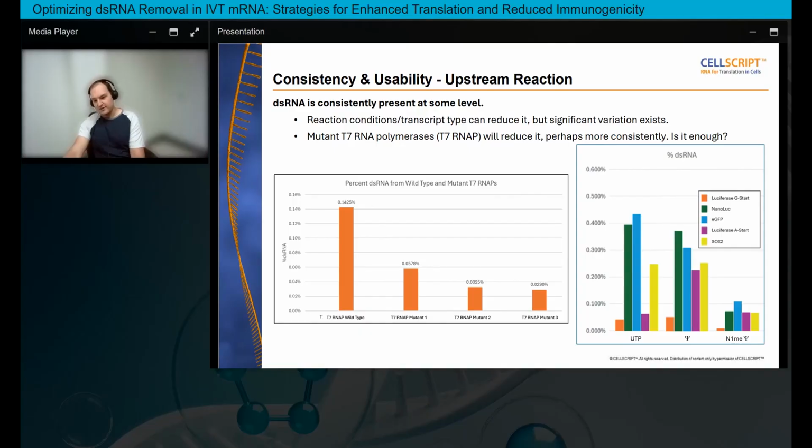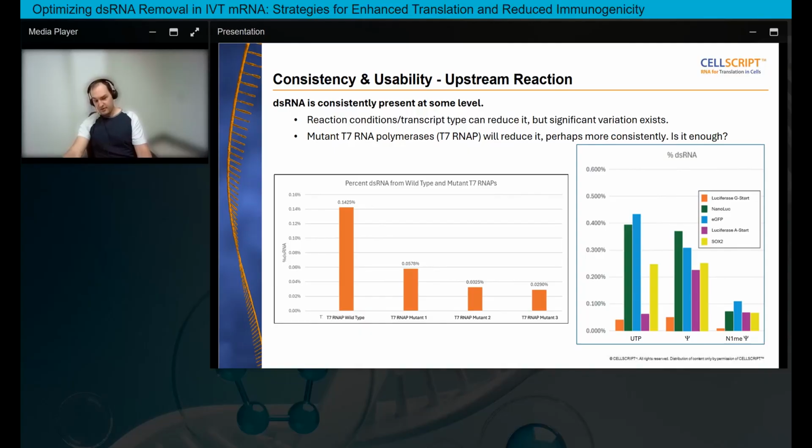That bar table on the right shows that depending on the type of transcript and the type of nucleotide that you use, whether you're using UTP or pseudo or N1-methyl pseudo, and a bunch of different transcripts, luciferase or EGFP or SOX2, there's almost 2 orders of magnitude difference between some of these samples in how much double-stranded RNA is produced from them.